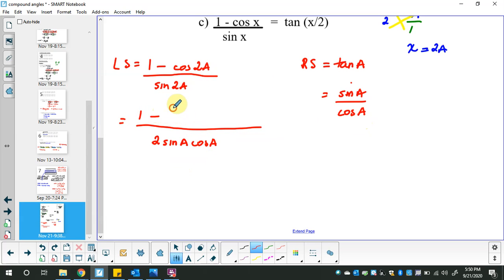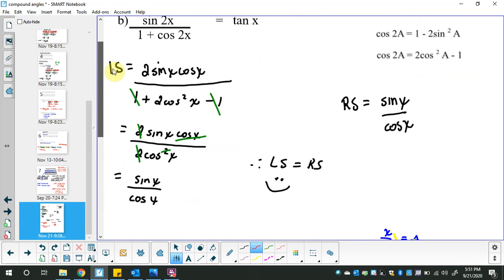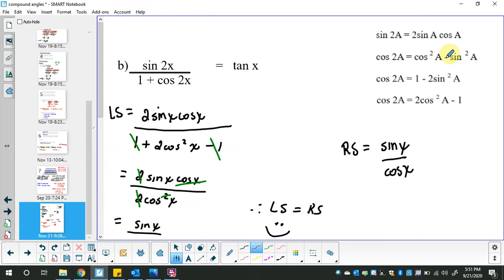I need to put this replacement in a bracket because it's following a negative sign. So I need to know which one of the 3 replacements is best for this. So I need sine a's on the top, so I want the quickest way there. So this one's okay because it's got sine a's. This one's the best because it's all sine a's.